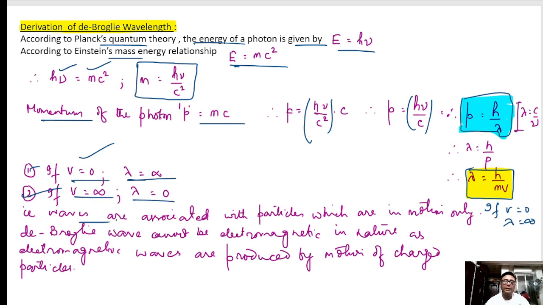That is, waves are associated with particles. So only when the particle is in motion can you find the de-Broglie waves.